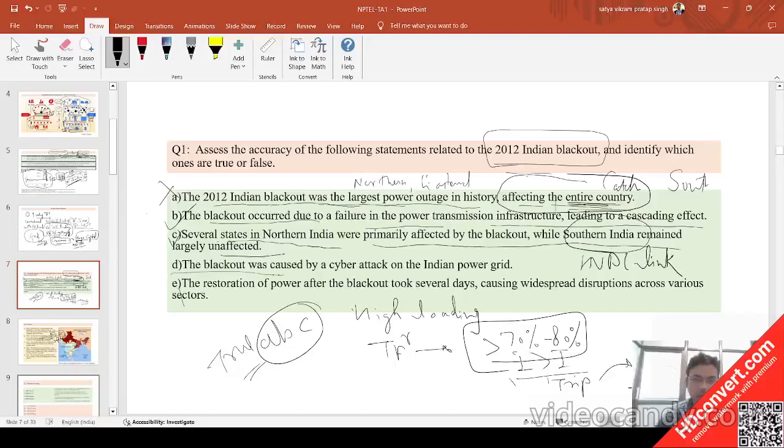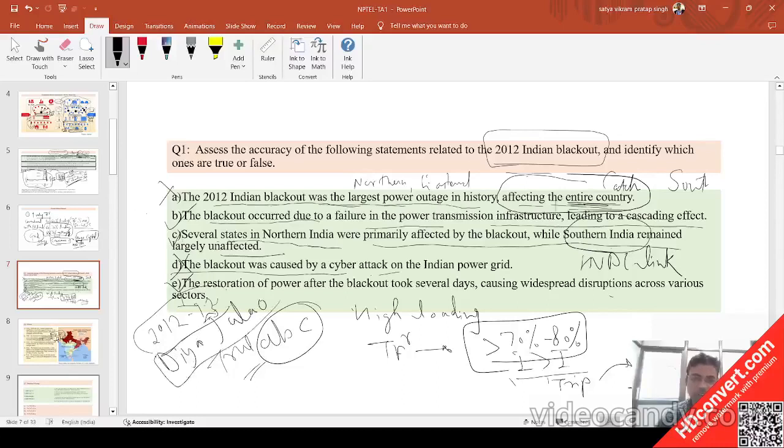The blackout was caused by a cyber attack? No, not a cyber attack. The restoration of the power after the blackout took several days. Why? It is true, with disruption across various sectors. If you were born before 2012 or 13, you can say that there was a kind of thing propagating, that is the Diya Jalao concept.